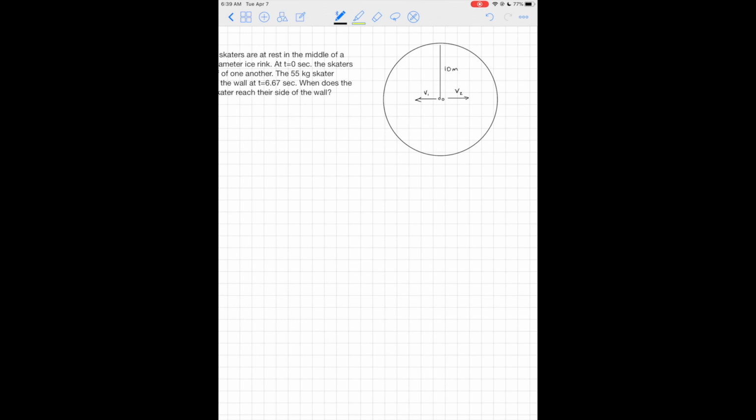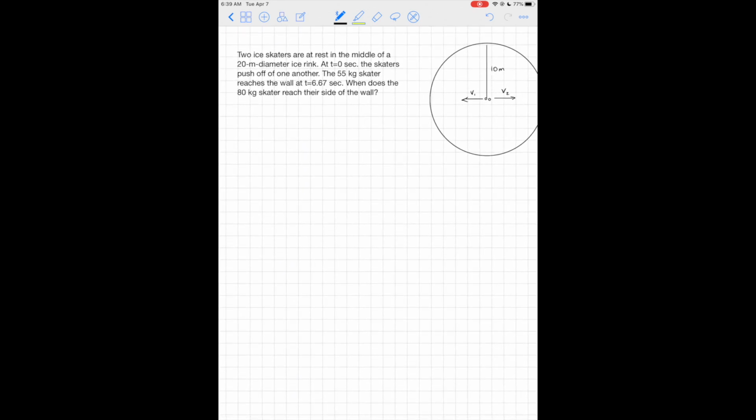I know that the radius of this rink is 10 meters. We gave you the diameter as 20. Tricky. And we know how long it takes skater 1, let's call them, to reach the wall.